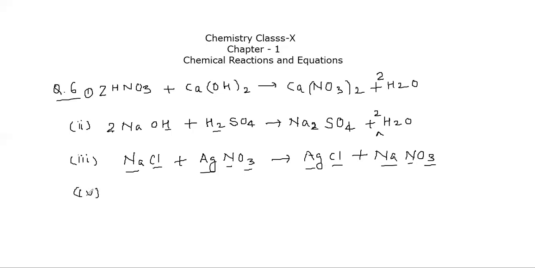Let's consider the next equation. BaCl2 plus H2SO4 gives BaSO4 plus HCl.